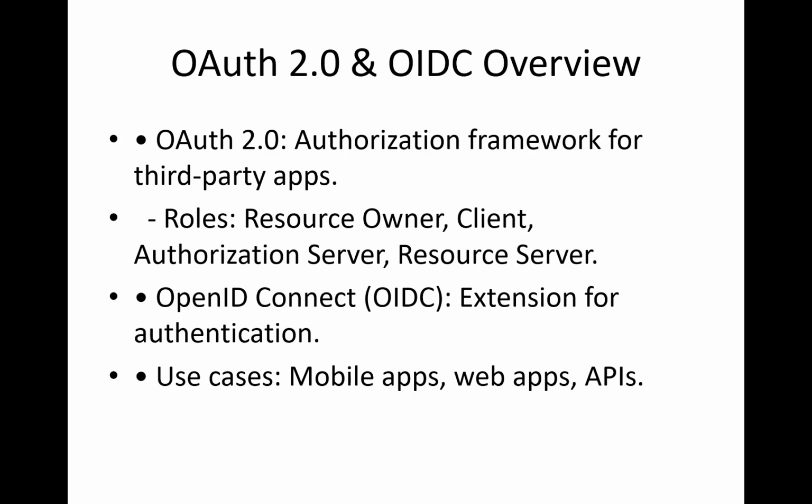So, if you've ever logged into a new site using your Google or Facebook account, you've probably used both OAuth and OIDC under the hood. These flows involve multiple roles: resource owners, clients, and servers. Definitely worth studying closely.